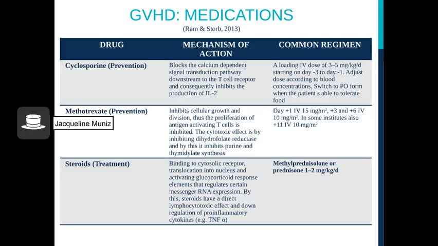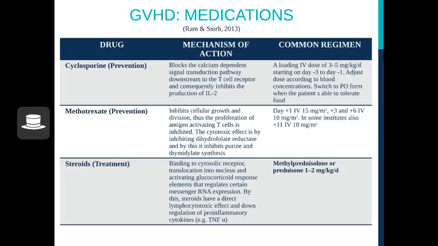Ram and Storb explain the mechanism of action of cyclosporine and methotrexate used as a preventative measure towards GVHD and explain how corticosteroids are typically utilized in the treatment of acute graft-versus-host disease, as noted in the case study.